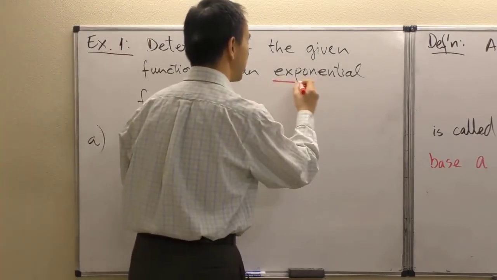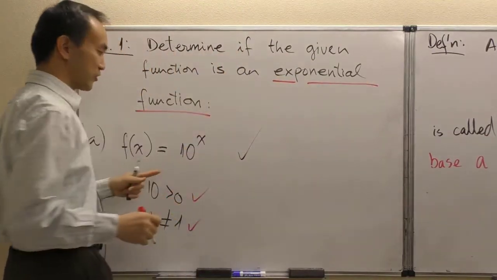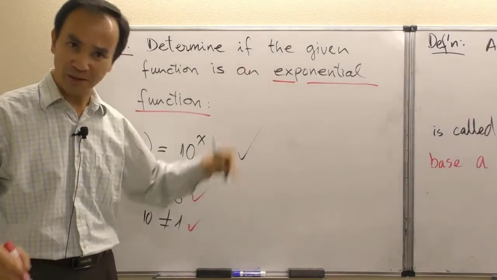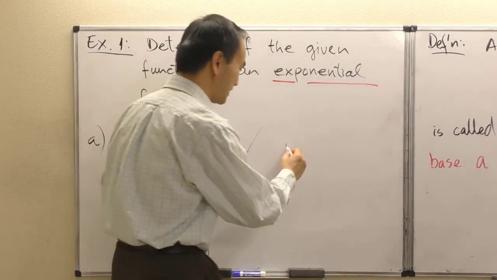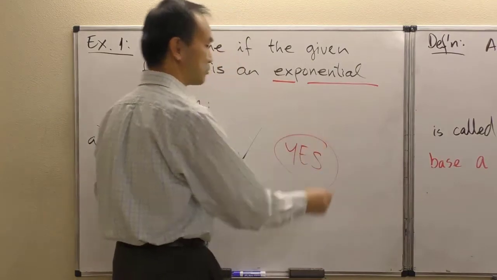We want to classify whether the given function is an exponential function. So the simplest way of saying it is I put a check mark there, or we can just say yes, it is an exponential function.